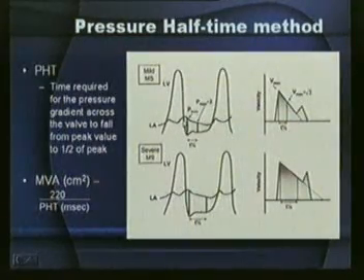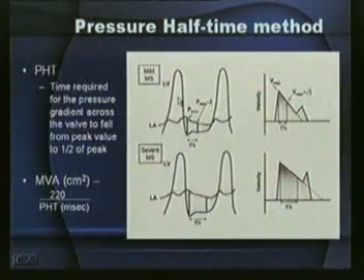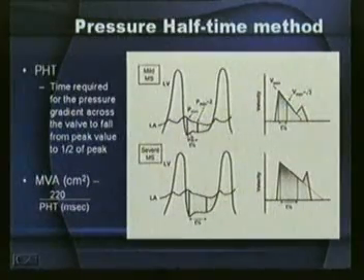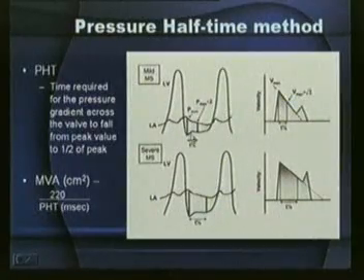Now if you look at this patient here, there are two pressure tracings. Tracing on top is mild mitral stenosis. This is the left ventricular trace. This is the left atrial trace. In diastole there is a gradient, Pmax by half. This is the time it takes to fall to half of its peak value, right?